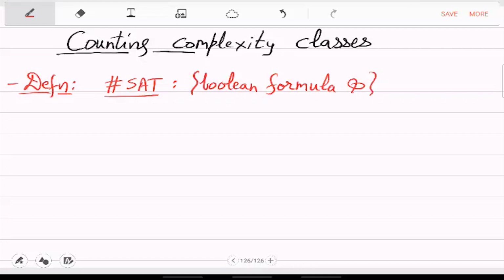So it maps Boolean formulas to their number of satisfying assignments. First of all, sharp SAT will not be a decision problem, it will be a functional problem because we want to count. And the function is: map phi to the number of satisfying assignments.